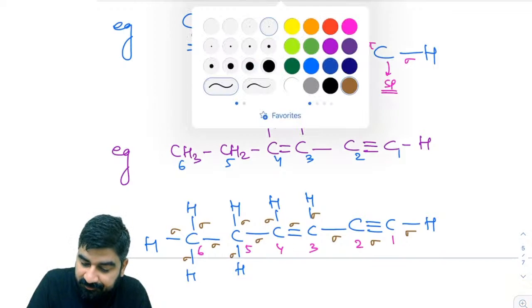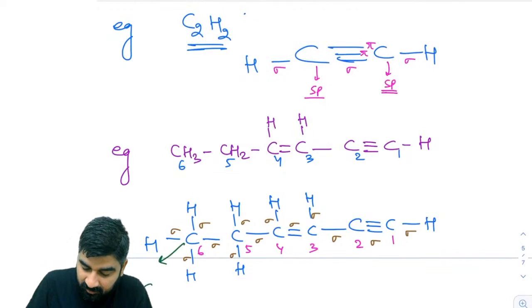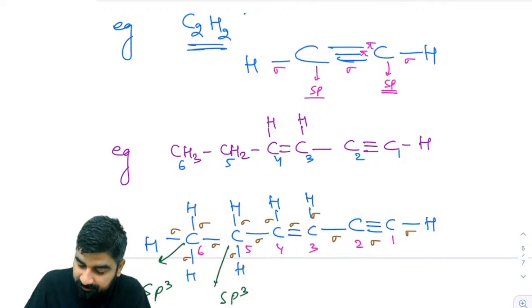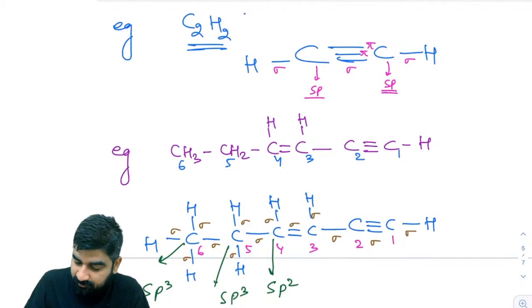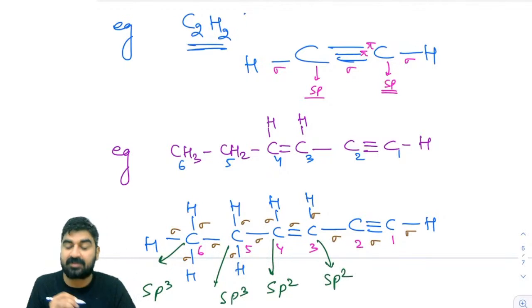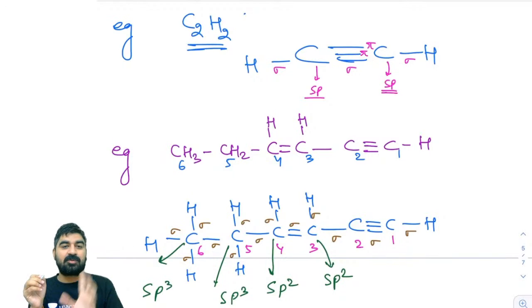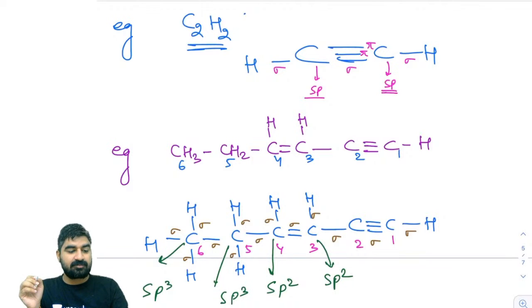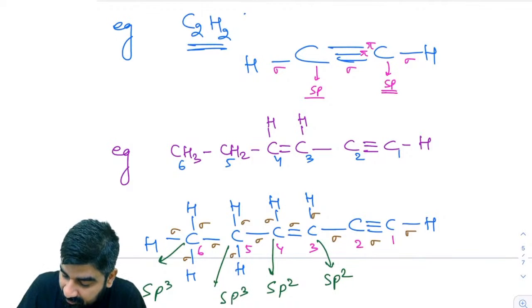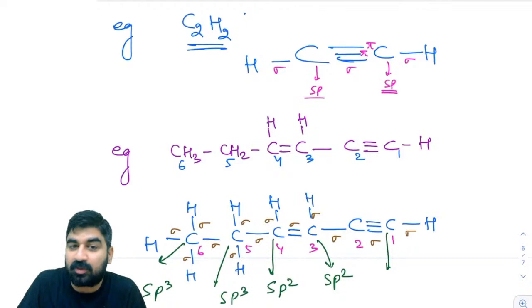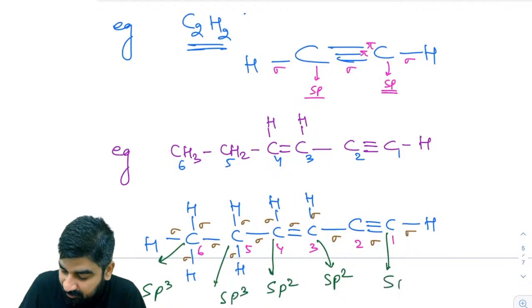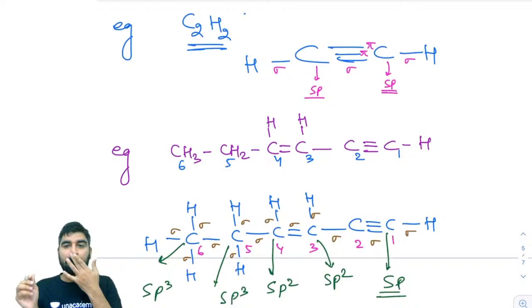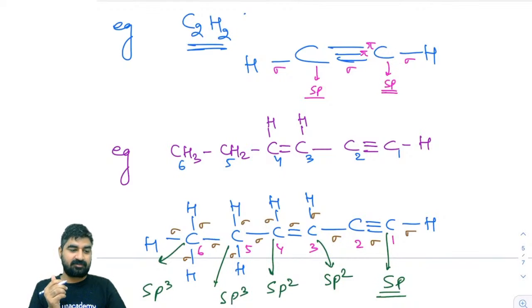So here we have sp3, sp3, and here we have sp2, sp2. Just count the number of sigma bond that particular carbon is making. Don't count the pi bond, right? So in this case, only 2 sigma bonds are there, so again it will be sp. Again it will be sp. Got it?